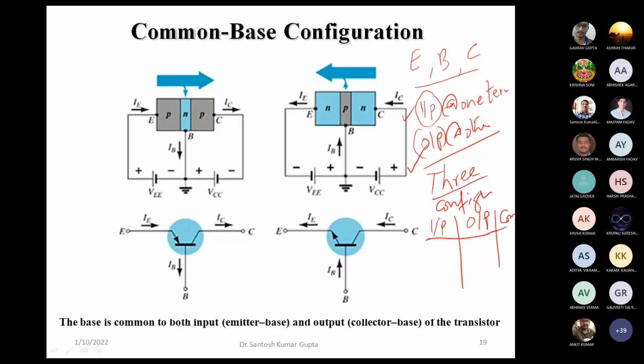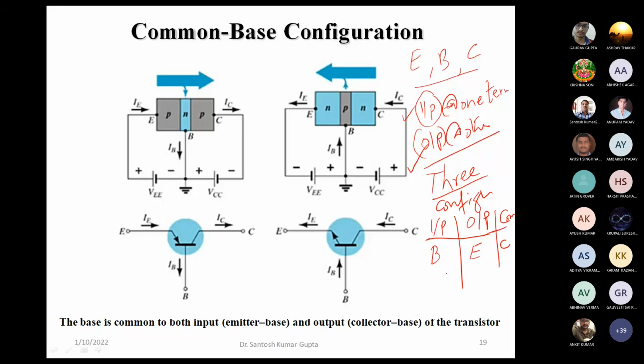Say we give input at base and take the output at emitter, and collector is made common.